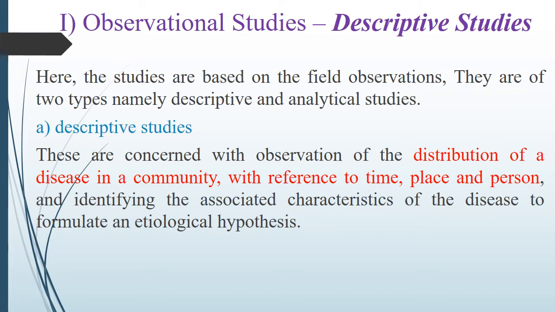We are going to see how much the disease is spreading in the community, with reference to time, place and person. Mainly these words are important: time, place, person, and distribution of the disease in a community. We are finding this mainly to formulate an etiological hypothesis. We will see what a hypothesis is later.